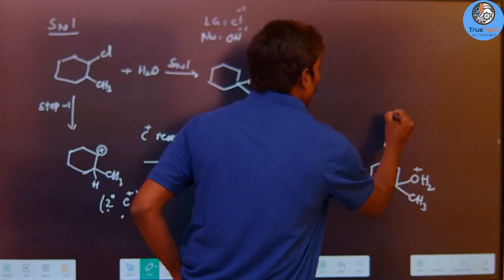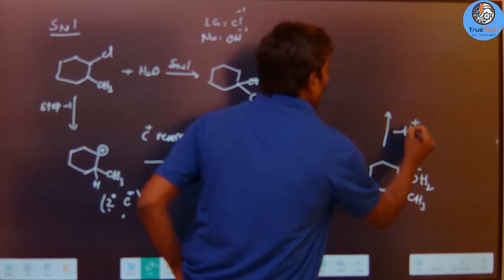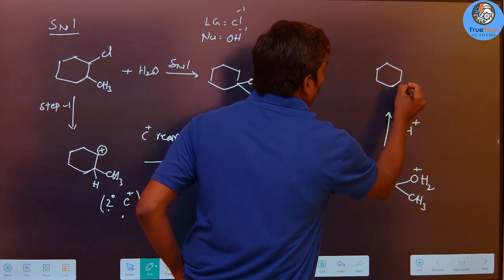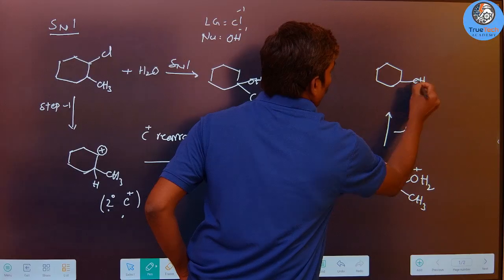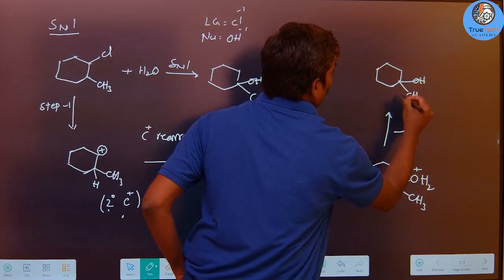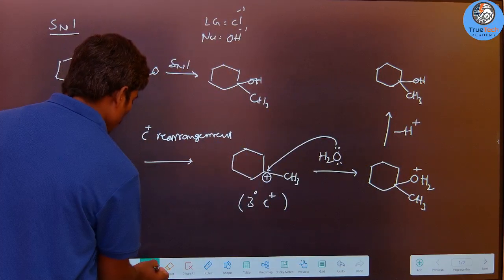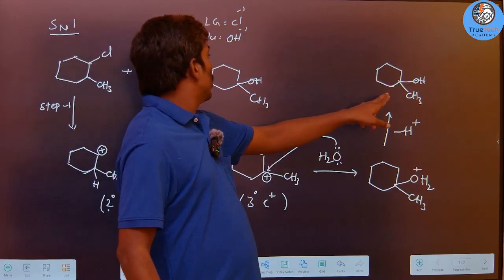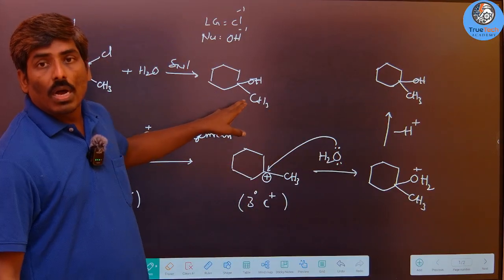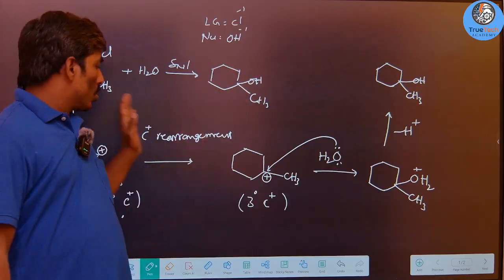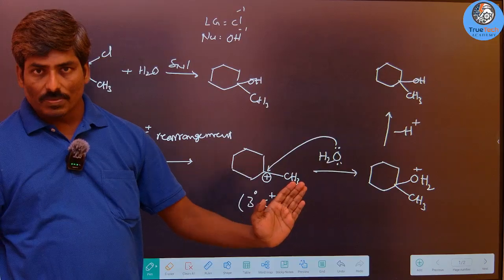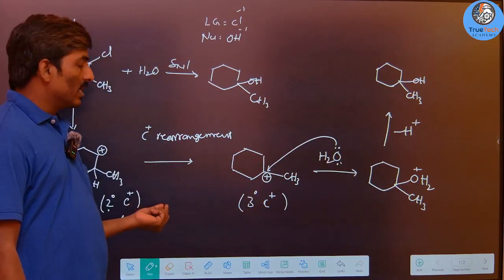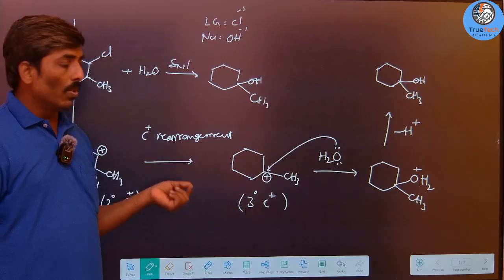Further, by loss of proton, finally you are going to get this 6-membered ring product. Through this mechanism SN1 reaction takes place. This is one example of SN1.